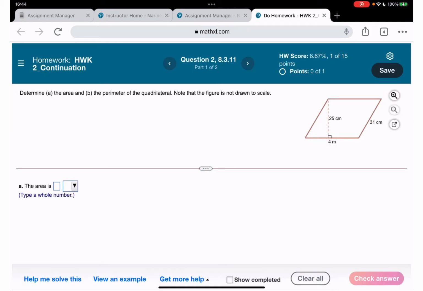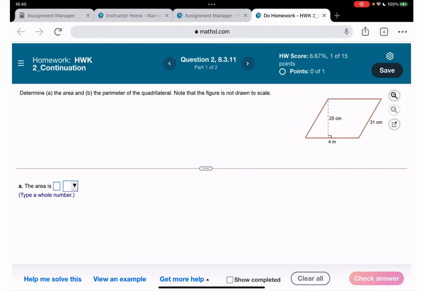What is this here? Determine the area and the perimeter of the quadrilateral, and we need to note that the figure is not drawn to scale. All right, so in this case the area is going to be equal to length times height.